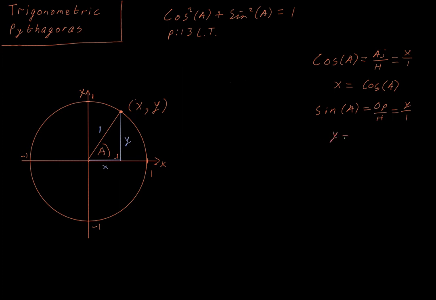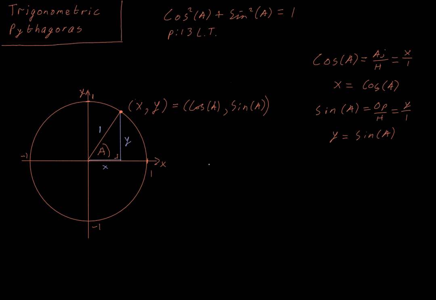So the y coordinate on our unit circle is going to be sine of A. So I could rewrite that coordinate as cos of A, sine of A. And that is just as valid a way of writing my coordinates of my point. So this is now telling me y is equal to sine A and x is equal to cos A.